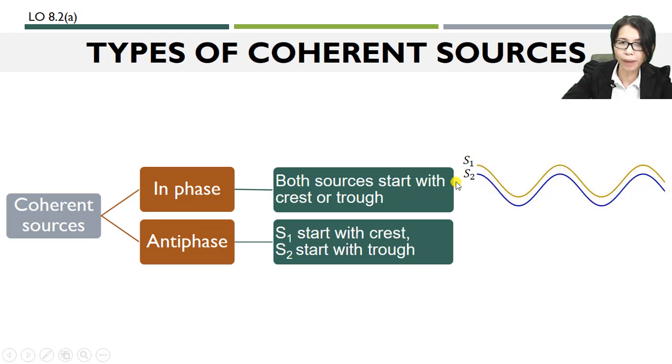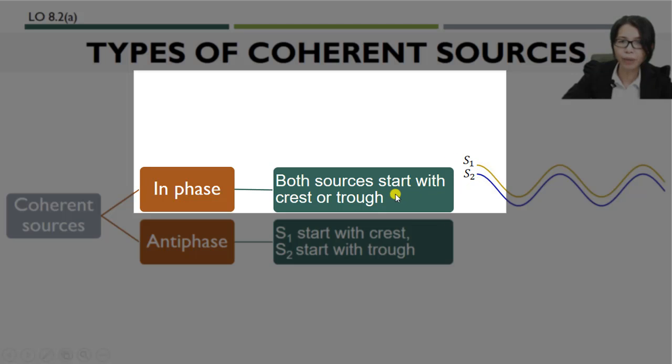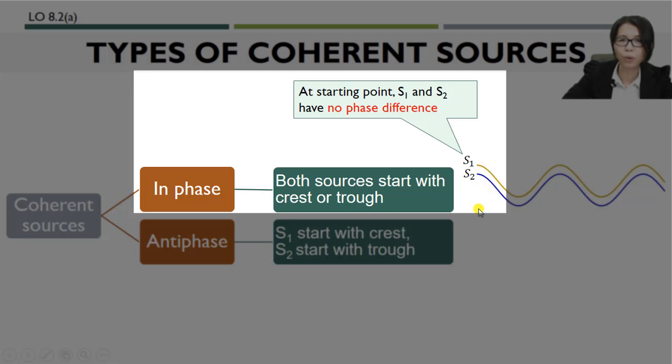For example, S1 and S2 both start with a crest. So their starting points have no phase difference. This one starts with a crest, this one also starts with a crest. So there is no phase difference between the two sources. Then we say that is an in-phase coherent source.